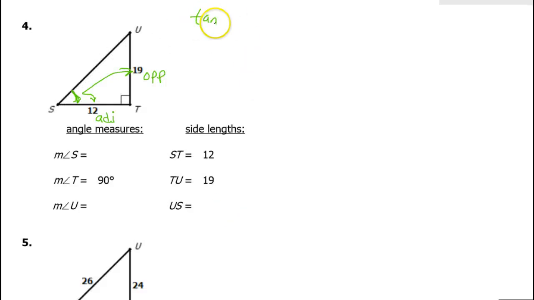That's why I know to do tangent of S. The tangent of the missing angle is going to equal the opposite over the adjacent. Now, if you want to find the missing angle, you need to do the inverse tangent of 19/12.